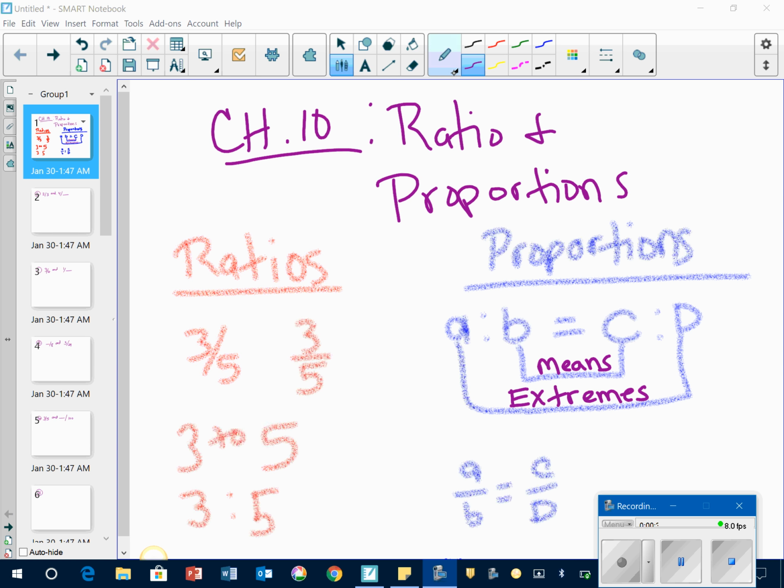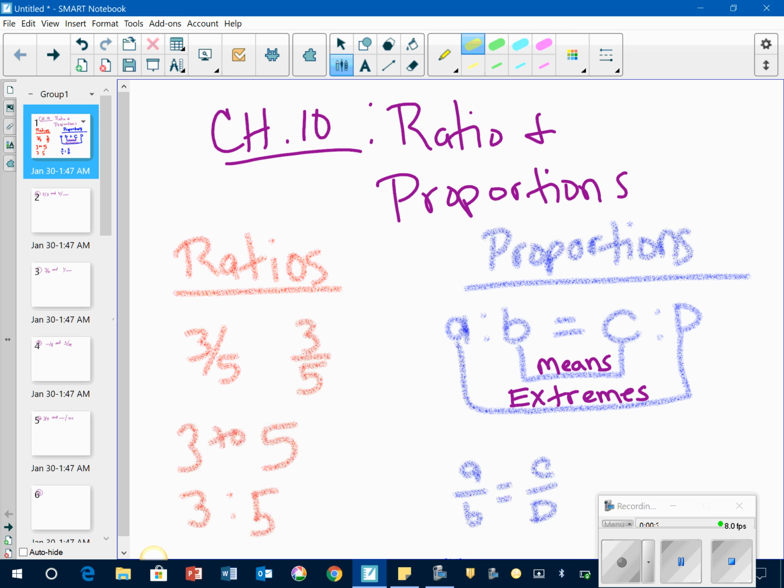Okay, a few things to look at first is ratios. So ratios are going to be used to make comparisons between two things. When you express ratios in words, you use the word to. For example, you say the ratio of something to something else. So a ratio can be written in several different ways.